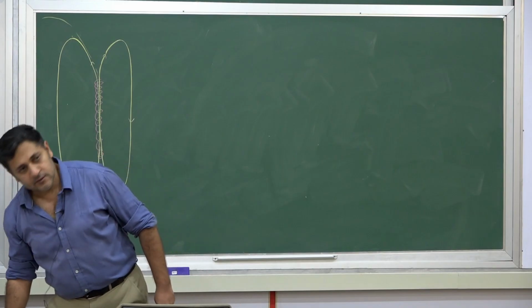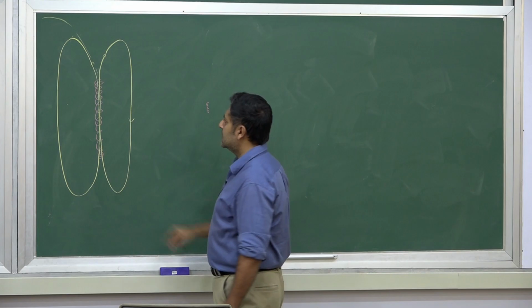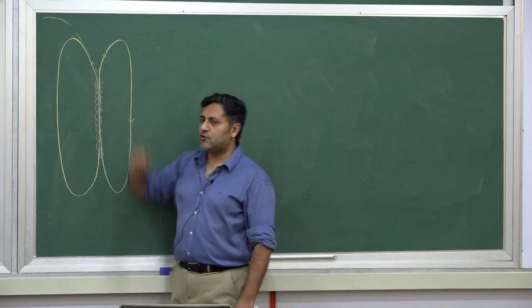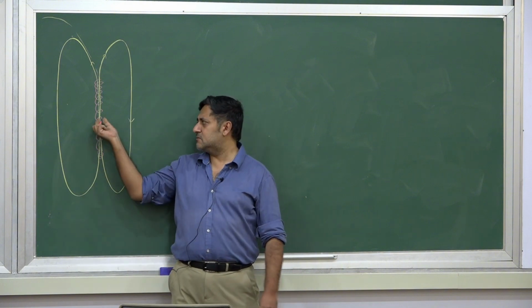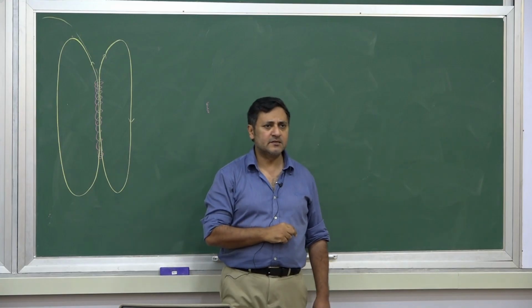So he imagined, what if I make it very tight, keeping the flux through this coil constant. What would that mean? You're making the area small, so magnetic field is getting stronger inside.